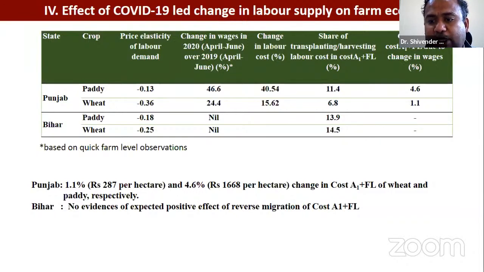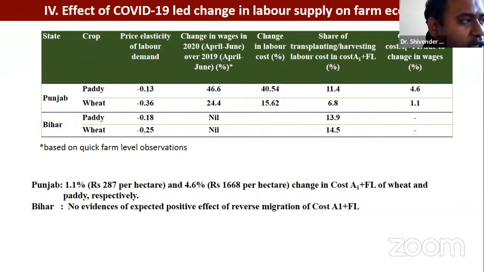So we can expect a decline in wages in the local market. We did a quick survey, and we found that there was about a 24 to 46% increase in the wages for paddy and wheat respectively, in April to June 2020 as compared to April to June 2019. But in Bihar, we found that there was no decline in the wage rate.